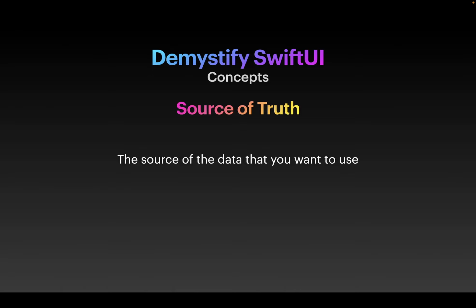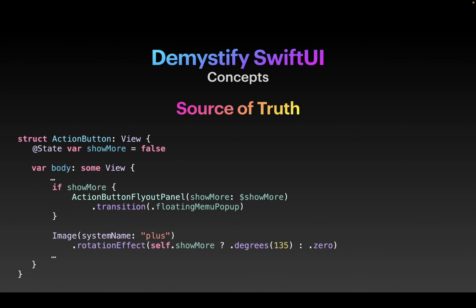Sometimes, just for some view, you may have a local state flag or variable. Let's take a look at this code. Last lecture, last week Thursday, we built an action button here, and that code is from there. You can see there is one state variable named showMore, because when I click on the button, it creates a new flyout window.